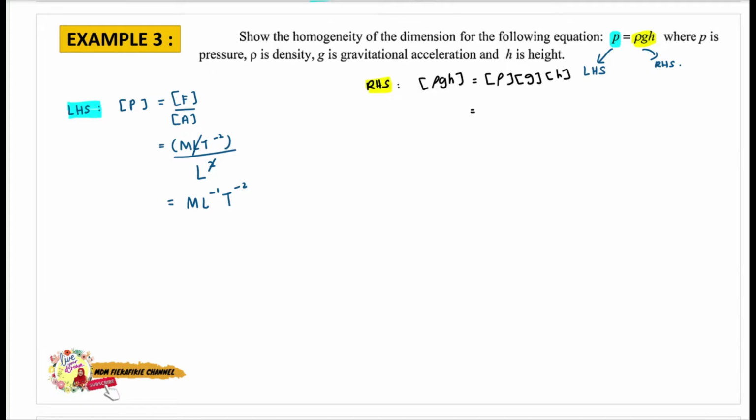So we can write the dimension of density as dimension of mass over dimension of the volume V, times dimension of G, copying from above, times dimension of H.